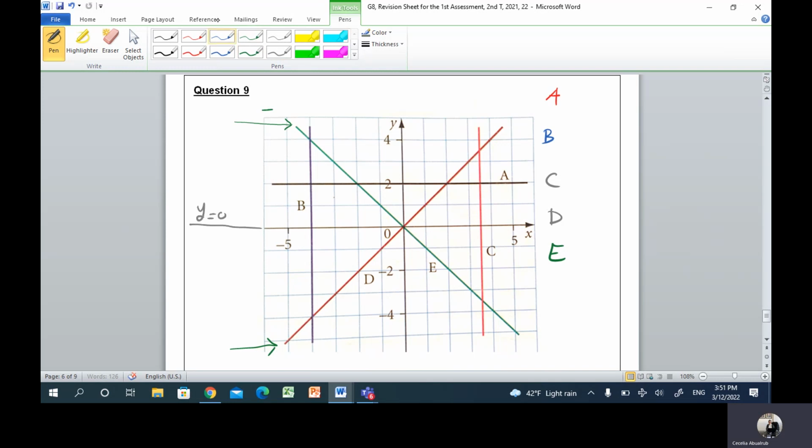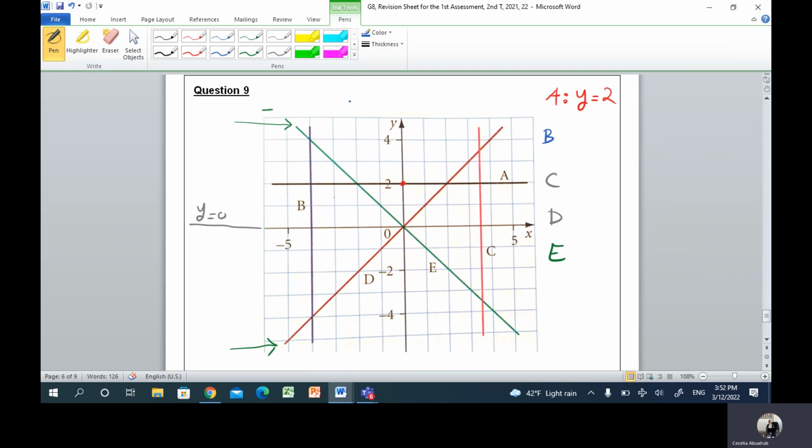So that's why line A, or any line that is parallel to the x-axis, will start with y is equal to, and it's equal to a number. Line A is passing through point 2 on the y-axis, so that's why the equation of line A is y is equal to 2. Then go to line B.